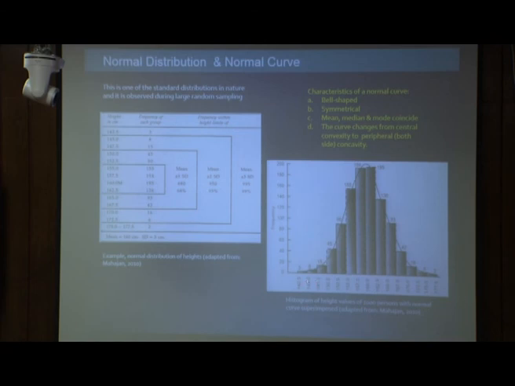At the smaller lower range, below 142.5 centimeter, only 3 students are there. 142.5 to 145 centimeter, 8 students are there. 145 to 147 centimeter, 15 students are there.